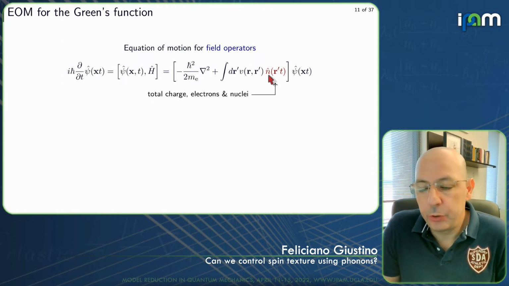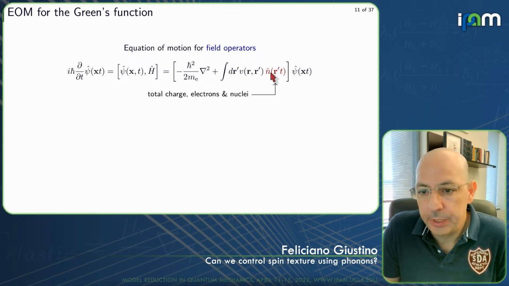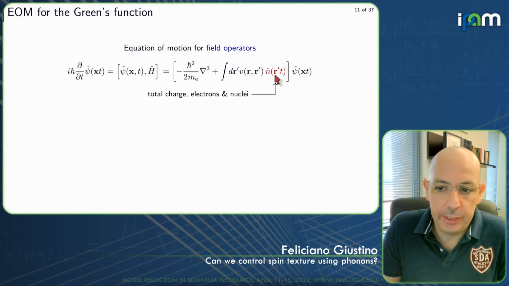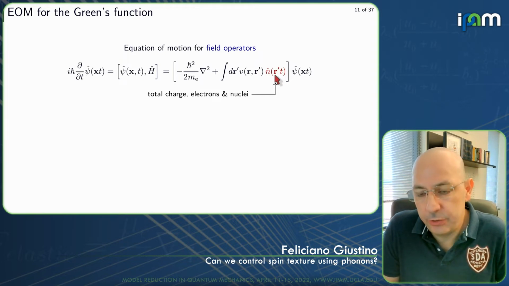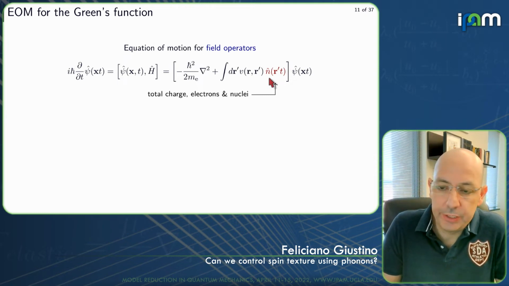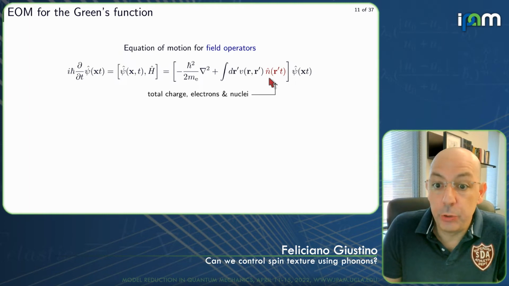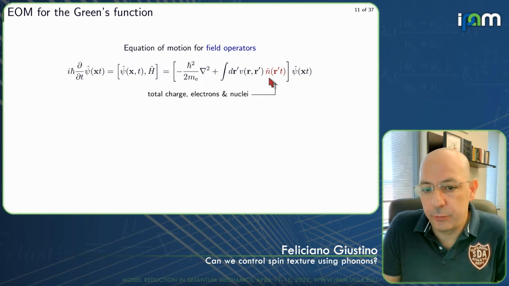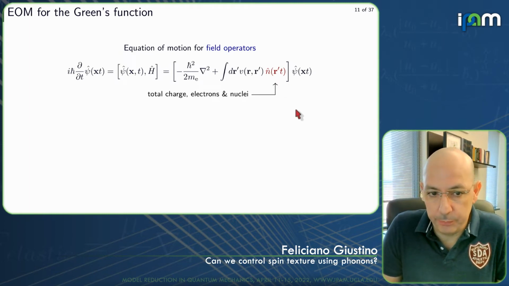Now, if you were to only consider the electronic problem, this density would be the density of all the electrons, so the many-body electron density. If you are studying electron-phonon interactions, this density also contains the density operator for the nuclei, and that's where the electron-phonon interaction comes from.